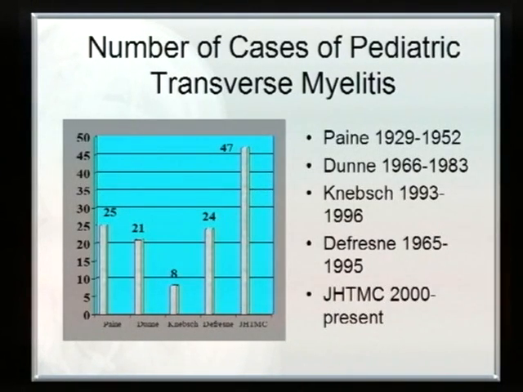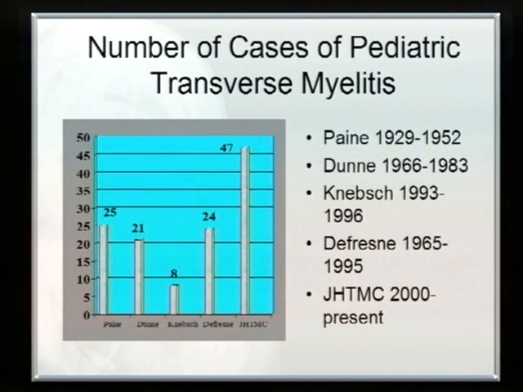Here's a slide that shows the various case series of reports about individuals with transverse myelitis. They started with this report by Dr. Payne in 1952 to 1929, and he reported the first case series of 25 individuals.